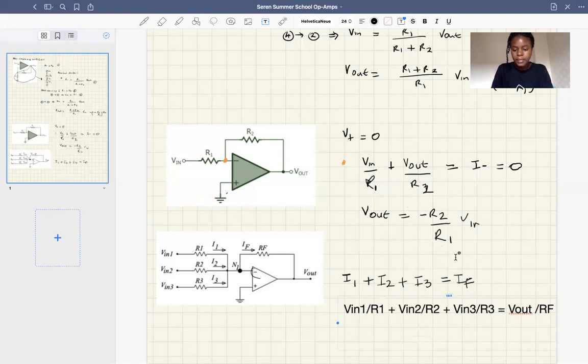This should have been a minus because of the direction of the currents. Just to make this clear, I1 and I2 are going this way.